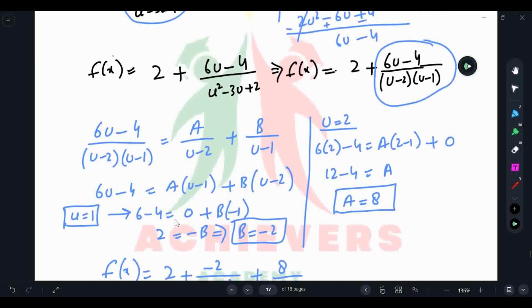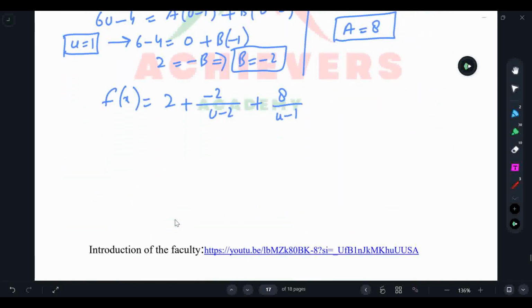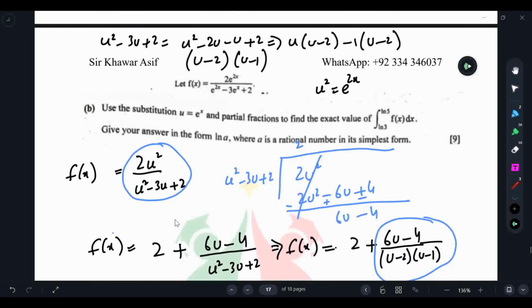Now this one will become easier. We can write f of x is equal to 2 minus 2 by (u minus 2) plus 8 by (u minus 1). Now we have to integrate f of x.